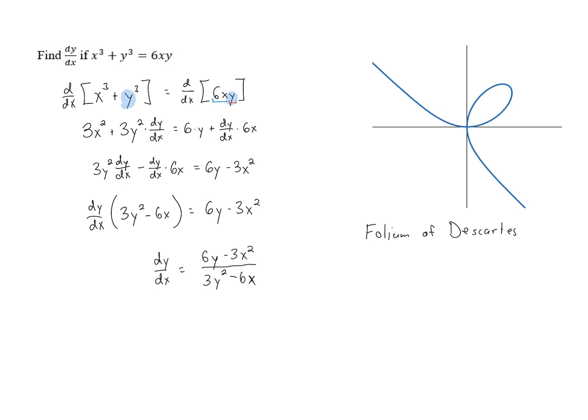We can recognize that the numerator and denominator are both divisible by 3, so we could factor out those 3's and then cancel them, or we could just divide the top and bottom by 3. Either way, that's going to give us 2y minus x squared in the top and y squared minus 2x on the bottom. And that is going to be our derivative dy over dx.